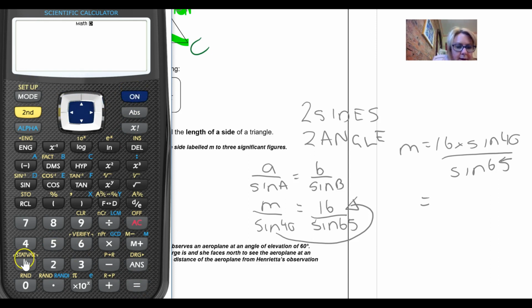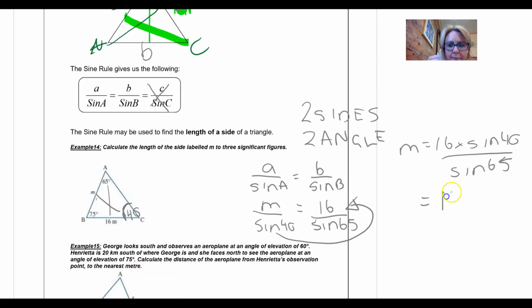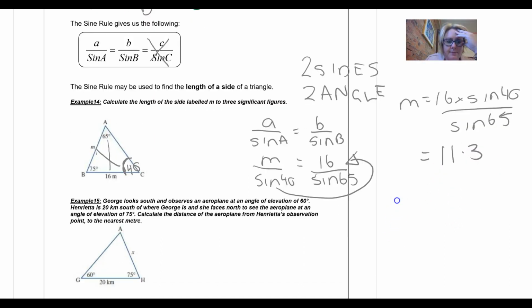Because I didn't close the bracket. 16 times sine 40, close, over sine 65, close the brackets, 11.3. Now that makes sense to me because the bigger the angle, the bigger the side it has to be opposite. You've got to think about the spread. If it's a big angle compared to a small angle, it's a greater length. So that answer there makes sense.